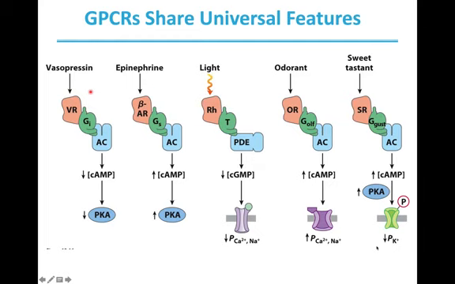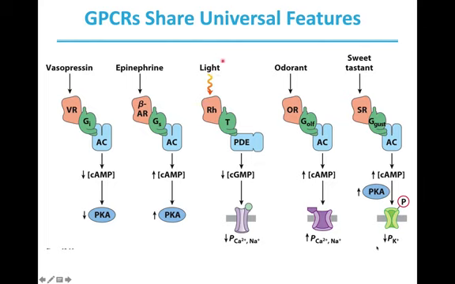Now, each of these systems is similar and yet different. We have looked at the epinephrine receptors in detail, and we saw that cAMP is the secondary messenger. And that is true for the vasopressin receptor as well.